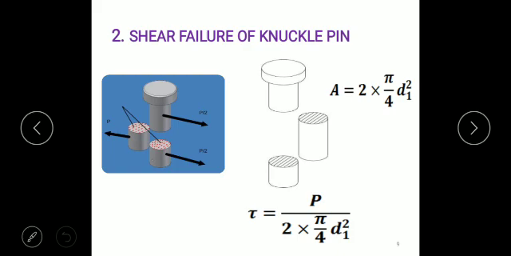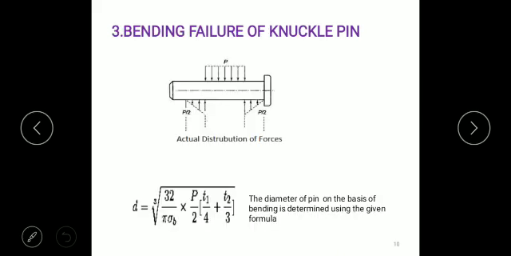The portion in between the single eye and the fork or double eye is subjected to shearing failure, as d1 is the diameter of the pin. The double shear area is twice pi by 4 d1 square, because of the double shear. And finally, with the shear equation we can calculate d1, that is the diameter of the pin. So in the next slide we will see the bending failure of the knuckle pin.